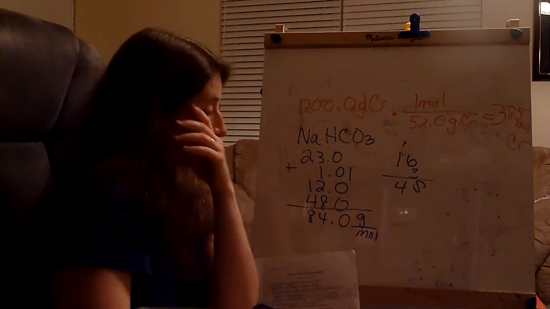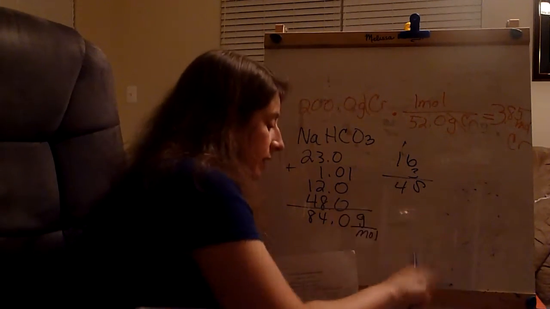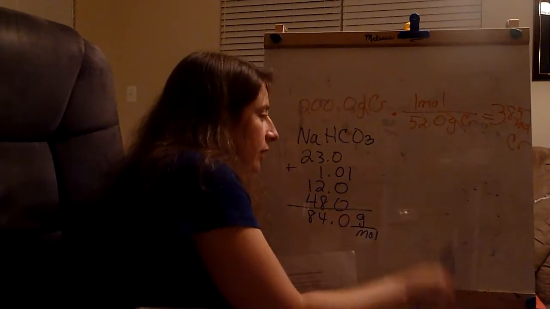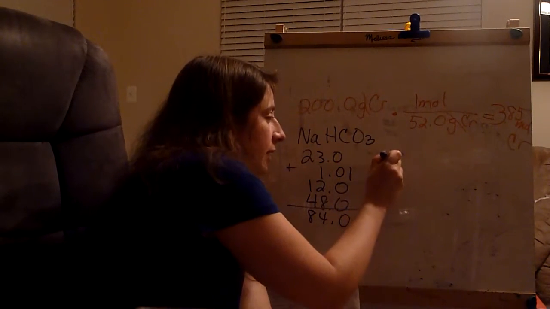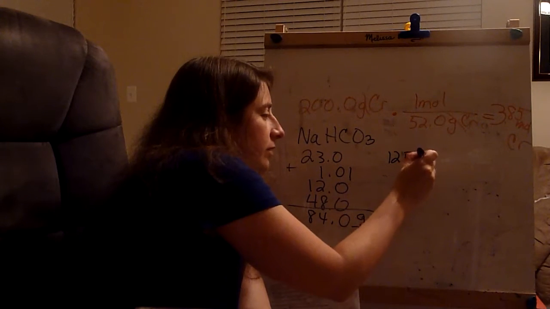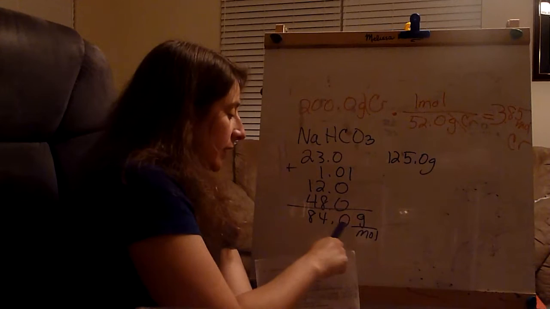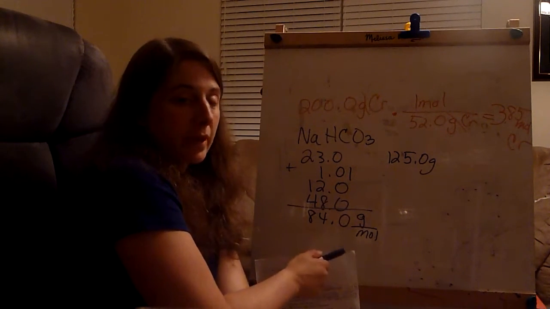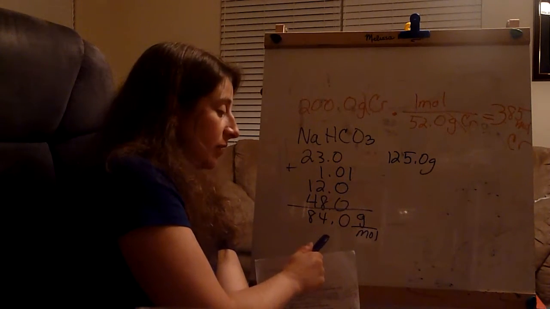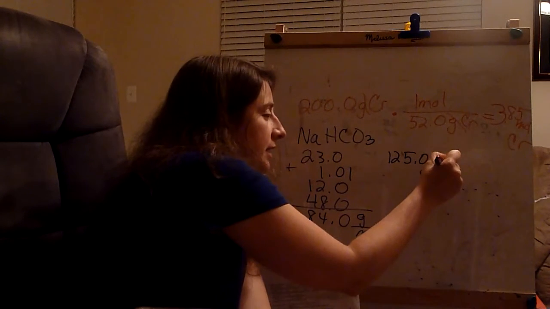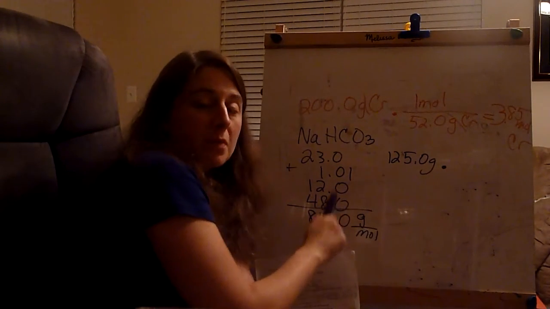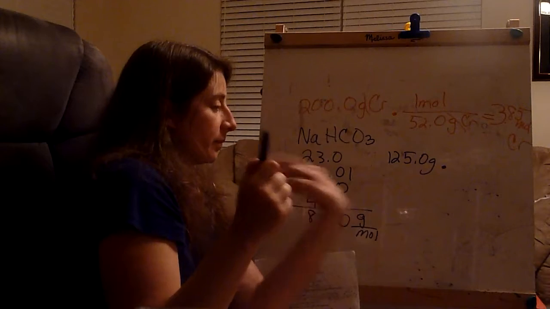It says how many moles of baking soda are in a 125 gram sample. Okay, so I have to convert grams to moles. So I write down what I know. I know I have 125 grams of baking soda. I know that 1 mole of baking soda would have a mass of 84.0 grams. I need to cancel out grams, so I'm going to use my molar mass, but upside down.